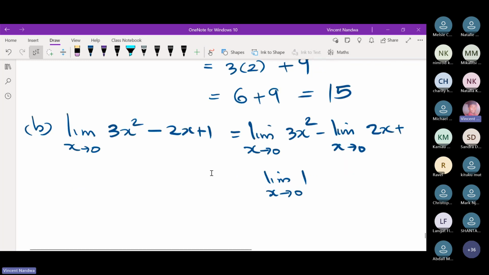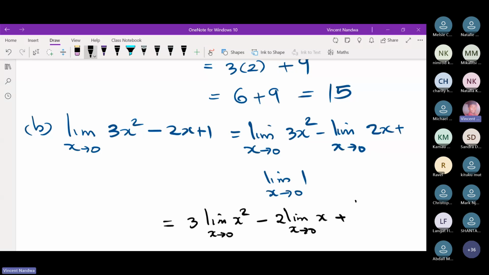You can directly substitute, or if you want, you can apply the constant multiple rule. So this would be the same as 3 times limit as x approaches 0 of x squared minus 2 times limit as x approaches 0 of x, plus limit as x approaches 0 of 1.